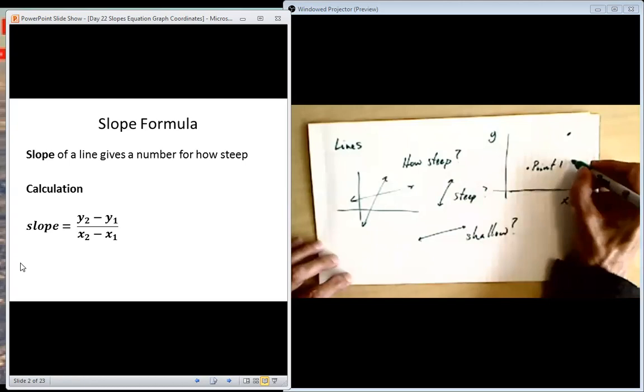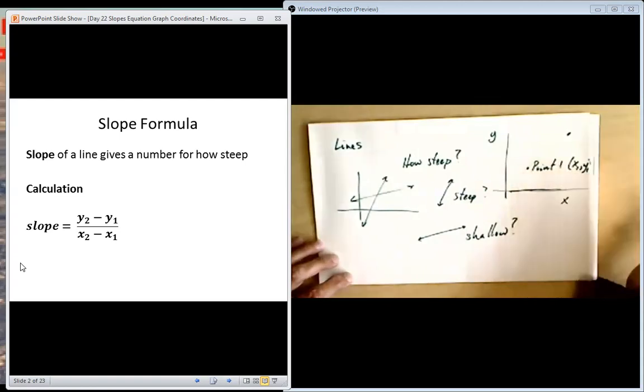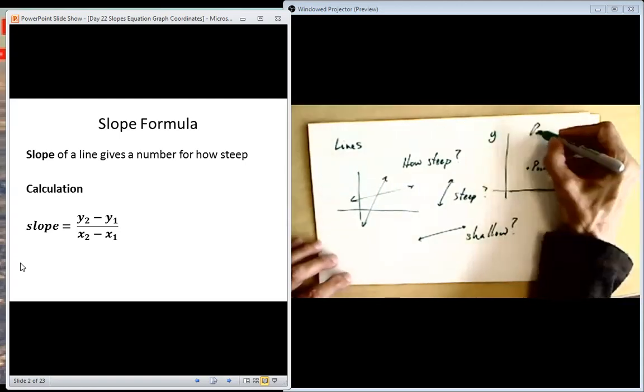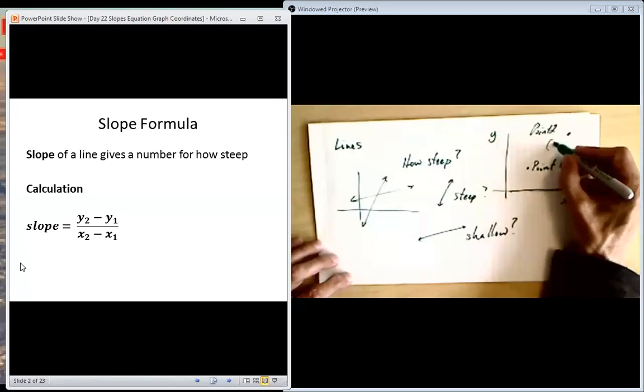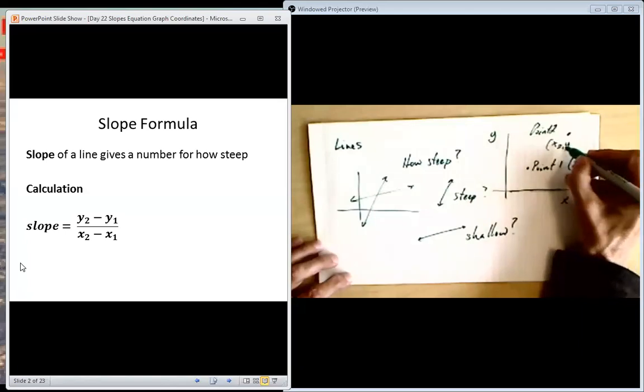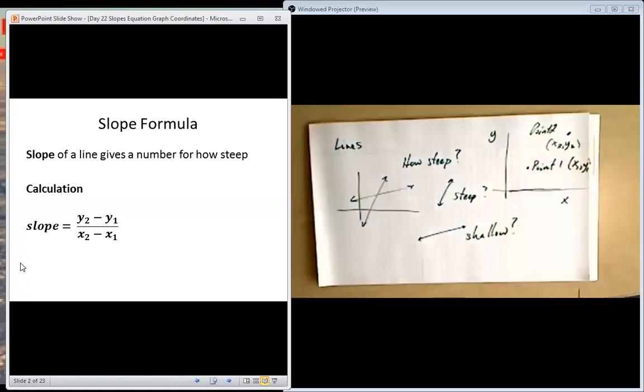And so it has the x and y values of 1 and 1 with it. This is point 2 over here. And so they'll have a little 2 along with the x and y coordinates. Okay, something to get used to.